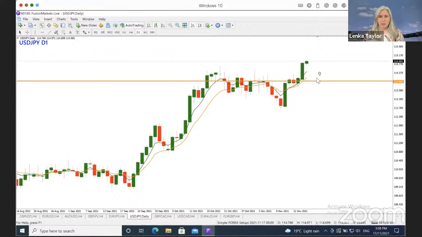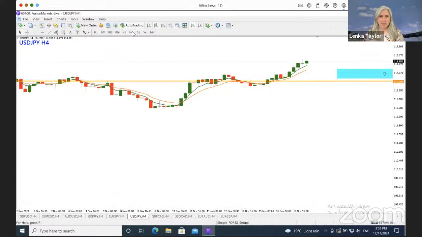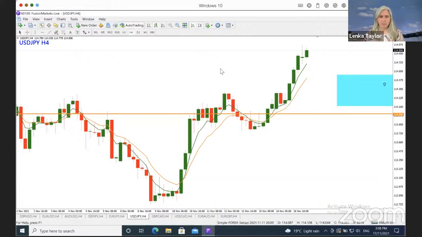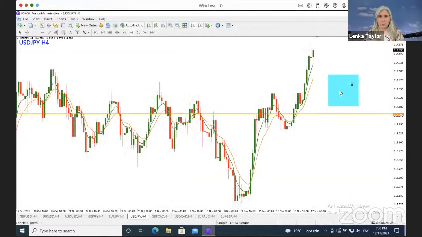So now I'm looking at a pullback and then looking for a reversal and looking for a long opportunity around here. So that would be either around these tops, these levels here, or around the support at 114 or thereabouts.